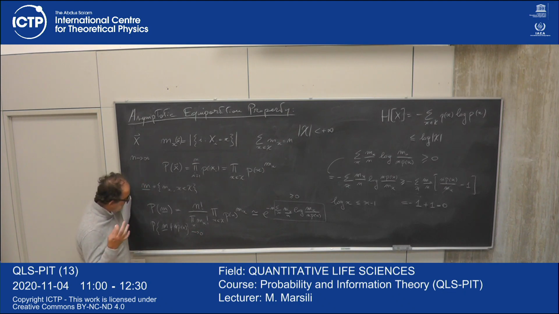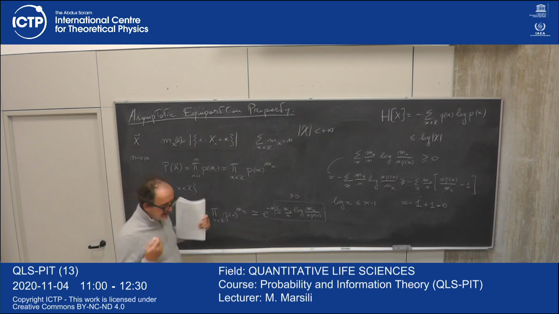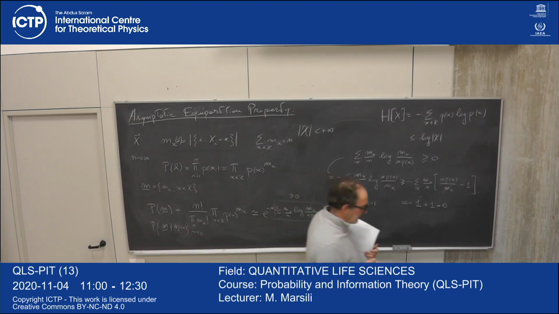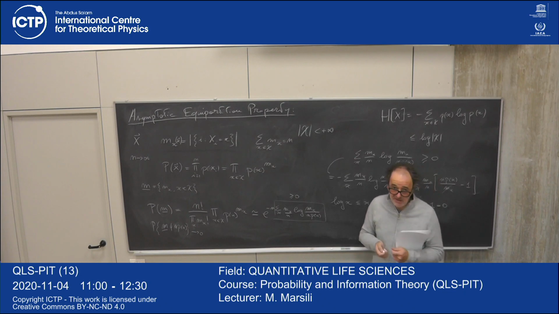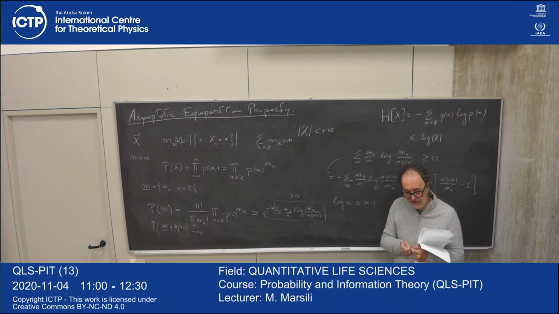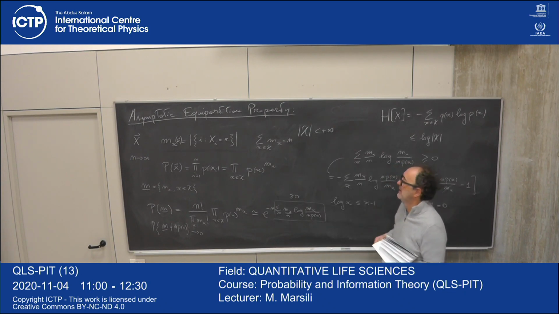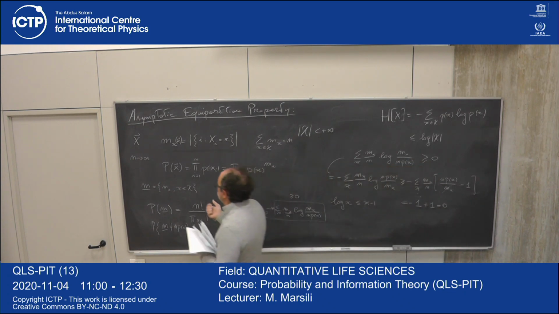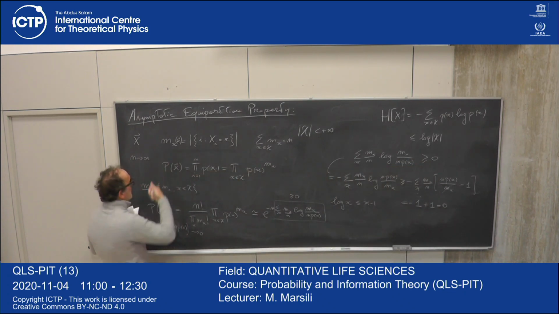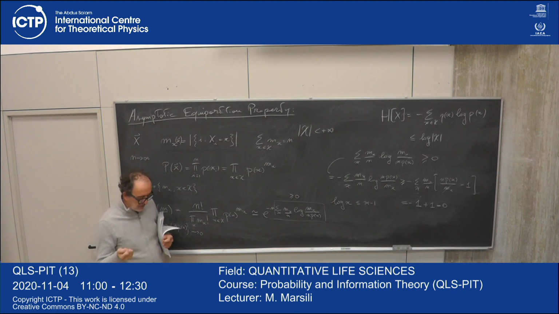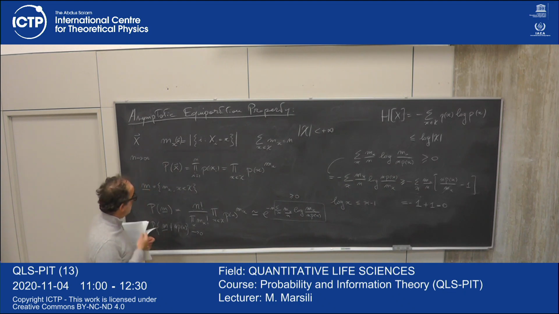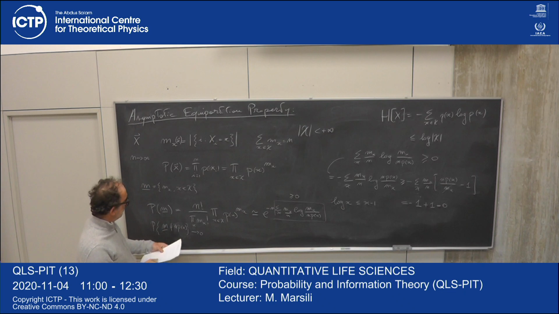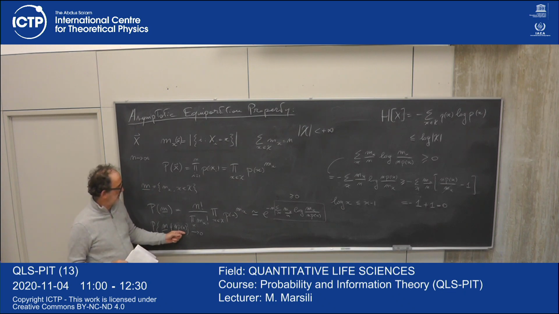So this tells you that with probability 1, your sample will be very special, in the sense that with probability 1 you expect that the fraction of points that are equal to x in your sample approaches the probability of x.